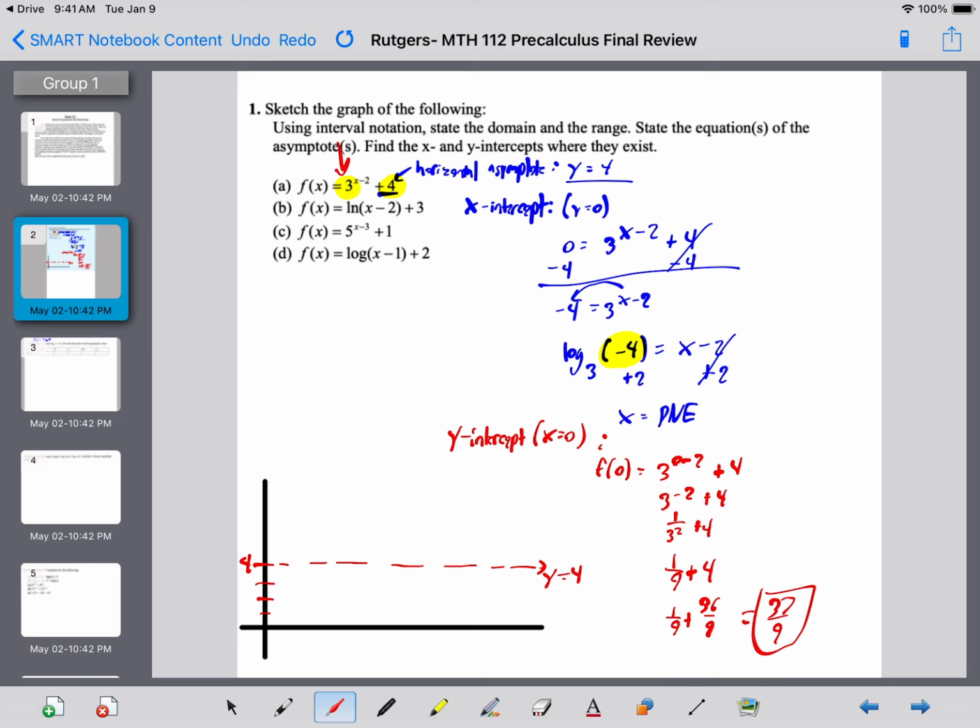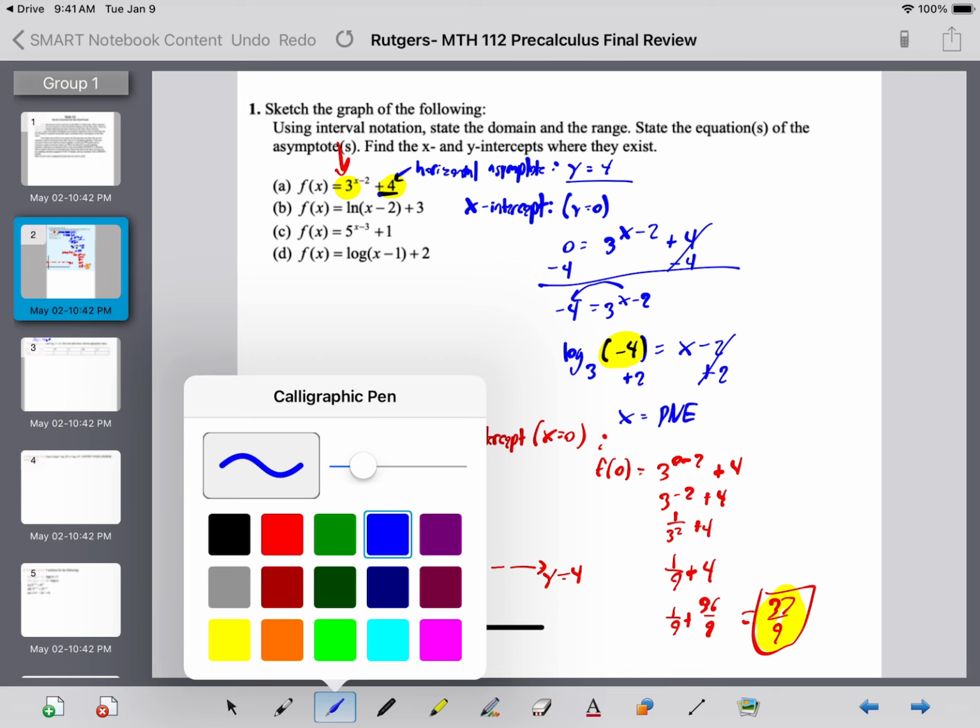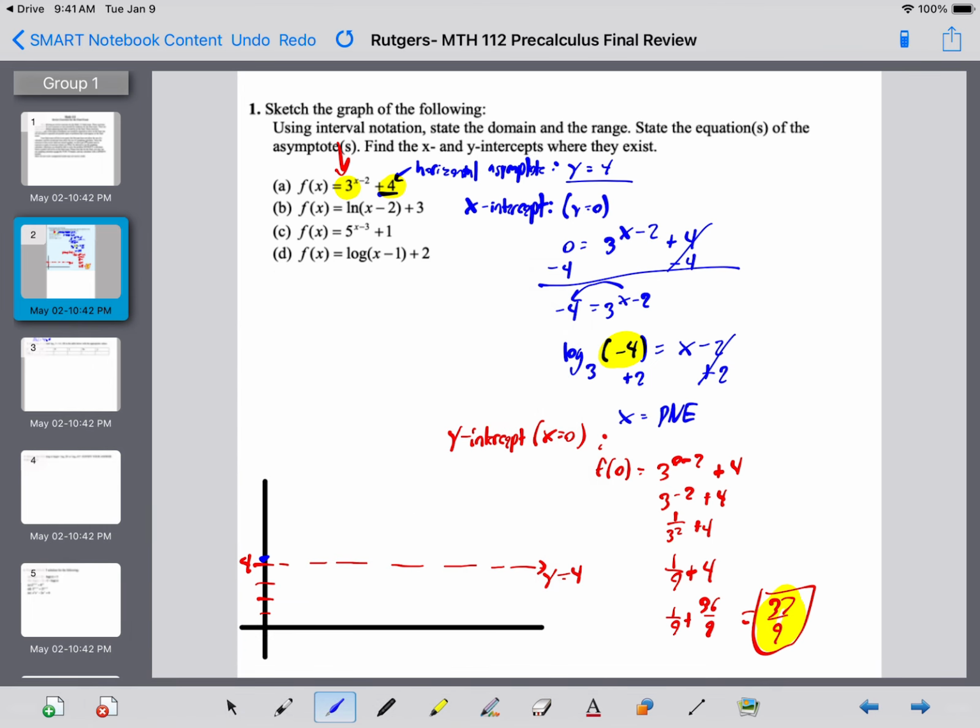And we also said that the y-intercept was 37 over 9, which is approximately 4.1. So about there, we'll say. And we said it's exponentially growing. And from the left side, it approaches 4, but it will never touch 4.